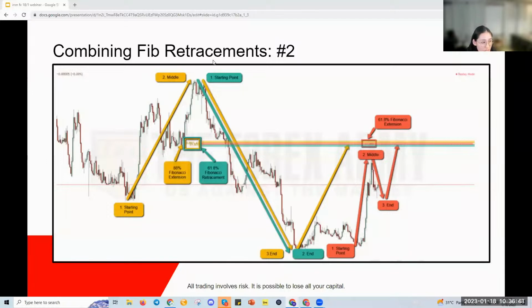Okay, and it gives you an 88% Fibonacci extension, which lines up with the 61.8% Fibonacci retracement. Starting point here and ending point here. You can see a very clear downtrend here, the green arrow. Okay.